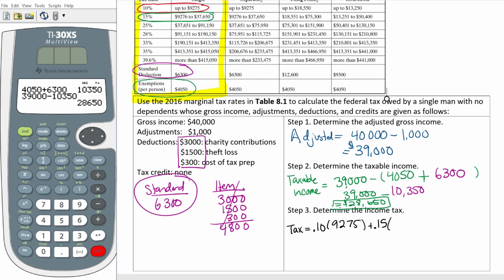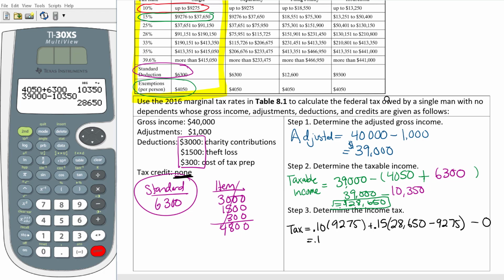So because 28,650 lies within that range, I need to find out how much I'm going to be taxed in there. I should have 28,650 subtract the 9,275 that I've already paid. I've already paid that in my first 10%, so I only need to do the margin on the secondary margin. Now, if I had any tax credits, which in this case I have none, I would then subtract them at the end, but I don't have any, so I'm not subtracting them.